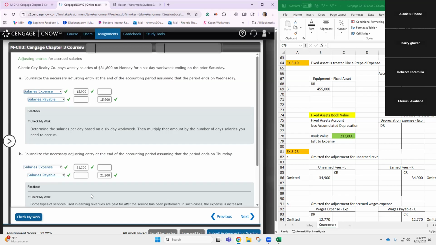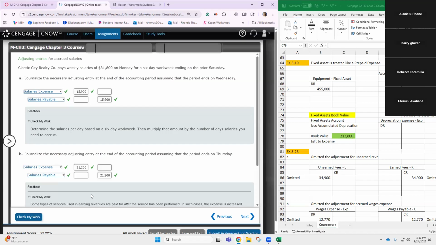Next Tuesday is September 30th, right? So any business that's doing month end for September 30th, if their work week is Monday through Friday, they've got 2 days on one pay period and 3 on another. Make sense? So once again, accountants split that up so that expenses and revenues reflect the period of time that they really represent.